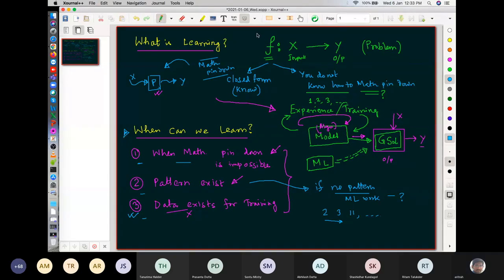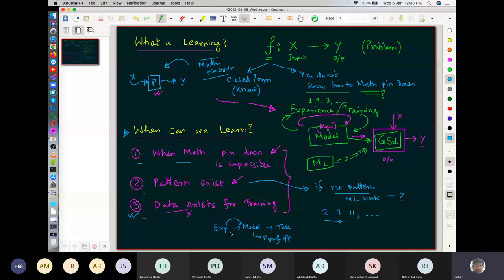So when I pointed out what learning actually means, I can theoretically now say that learning is a technique by which, from experience, I build up a model to solve a task, and iterating over this experience on the model, my performance keeps on increasing.